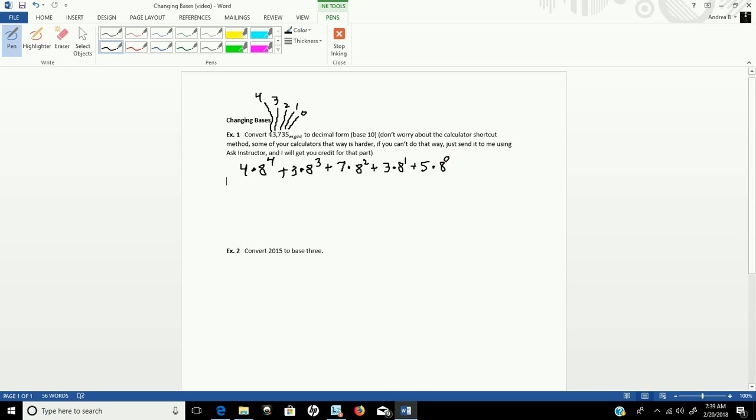Remember, anything to the 0 power is 1, so that last digit is not a 0 as you may think otherwise. And then you want to go through and calculate to see what you get for answers here.